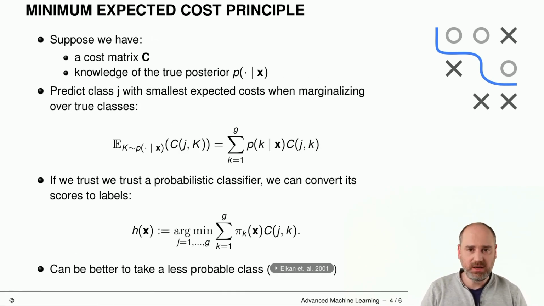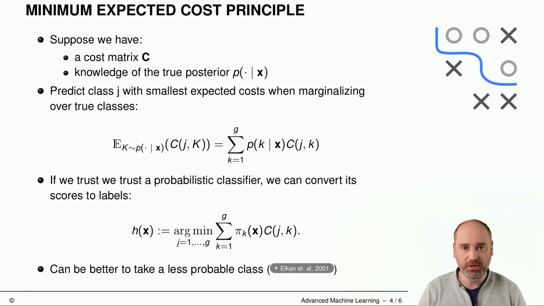Okay, so is there a potential way of theoretically solving this problem? Yes, there is a simple, pretty direct way of approaching it. Assume we have been provided with our cost matrix C, but that we also have access to the true posterior distribution P given X. Of course, we don't have that, we have to estimate it, but for a second, let's assume we have been provided with that information. How would we then select our optimal class?